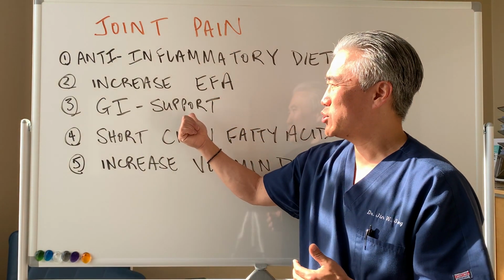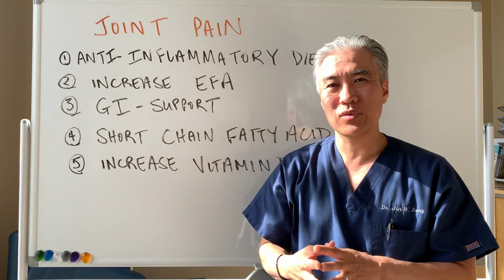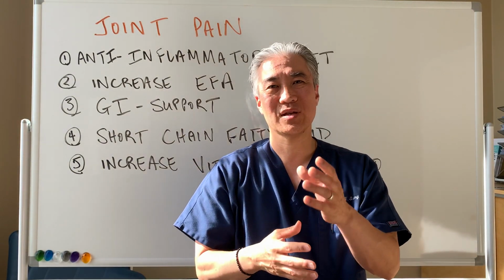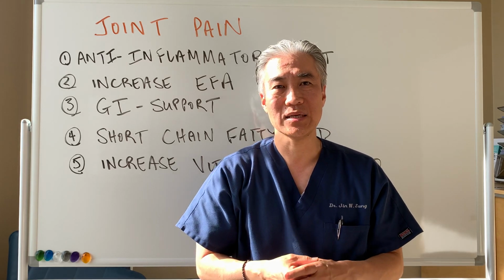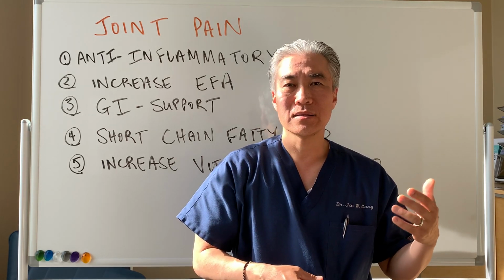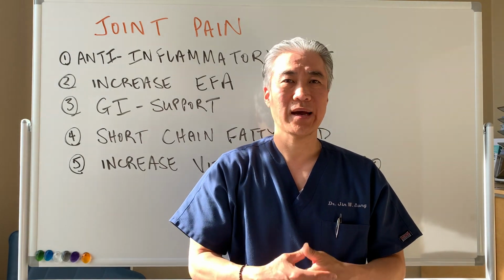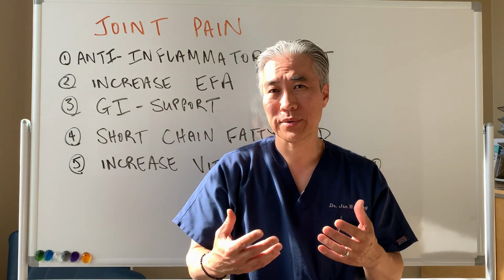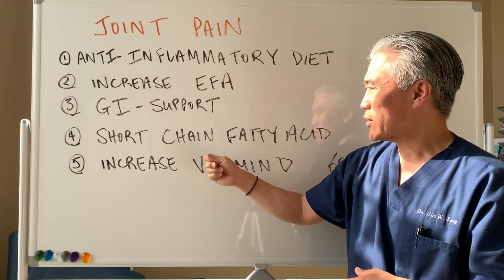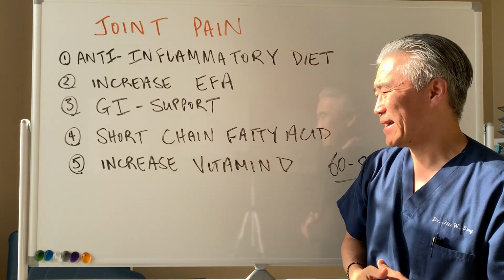So we do GI support, and there's a lot of them, so it has to be more specific or tailored to your individual needs. But things like deglycyrrhizinated licorice, L-glutamine, aloe vera extract, etc., right? Even berberine.